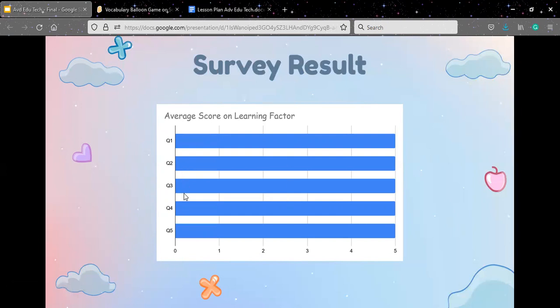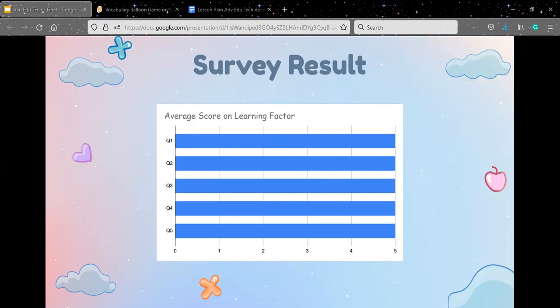So this is the average score on the learning factor. The learning factor includes five statements or questions, like how the feedback from the game helps students learn, how the animation in the game helps students learn, and how the game helps students learn new knowledge.